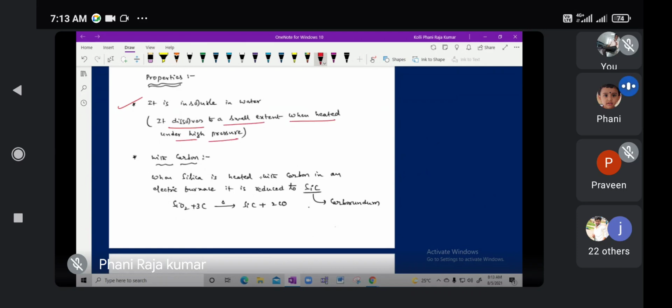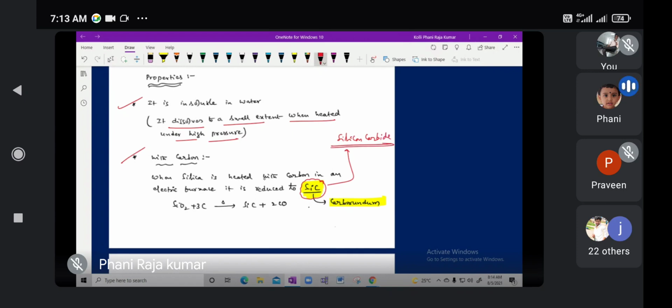Generally insoluble in water. With carbon, a very useful reaction. When silica is heated with carbon in an electric furnace, it is reduced to, please highlight this compound, SiC, carborundum we call it. Chemically called silicon carbide.